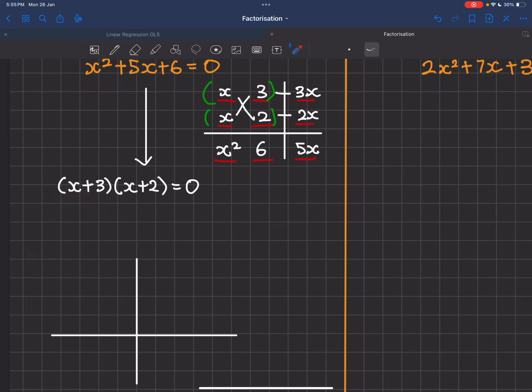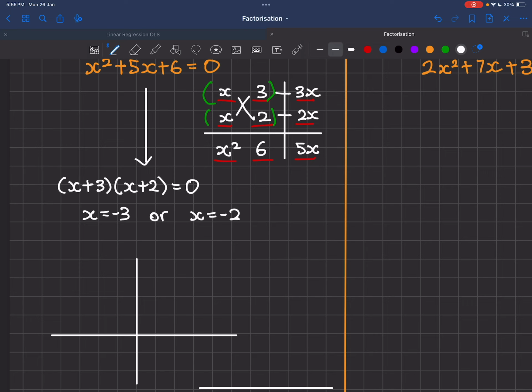Because 0 multiplied by anything here is 0. So as long as this is 0, this can be anything. Similarly, if this is 0, this can be anything. So what are the 2 values of x? X is negative 3 or x is negative 2.